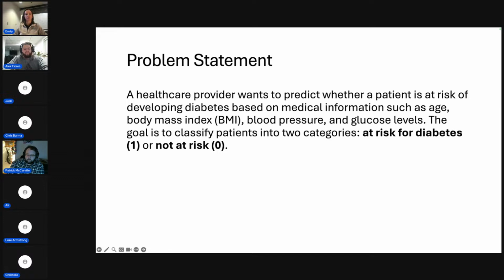So the problem statement here is a healthcare provider wants you to predict whether a patient is either at risk for developing diabetes or they're not at risk for developing diabetes. And this is based on their BMI, their blood pressure, their glucose levels. And you want to classify patients into 2 categories: those who are at risk, which is a 1, and those who are not at risk, which is a 0.